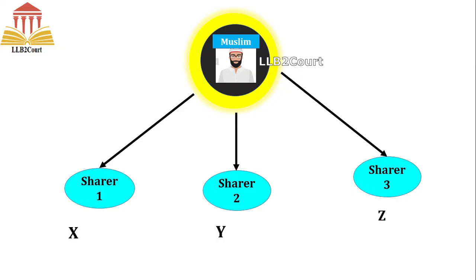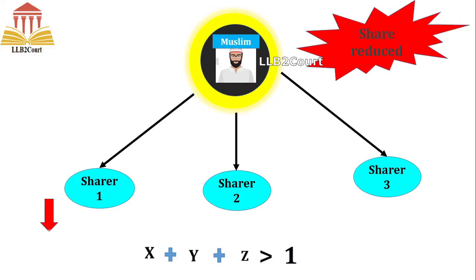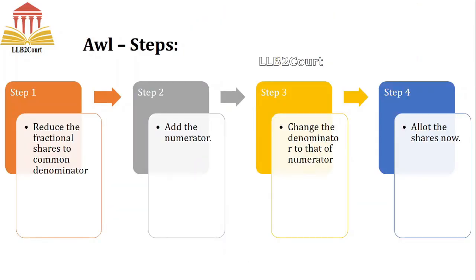If you sum it up, X plus Y plus Z, and it exceeds unity, then we need to reduce each share value so that the total becomes equal to unity. This concept is called the doctrine of Aul. There are four steps which have to be performed to achieve that doctrine.